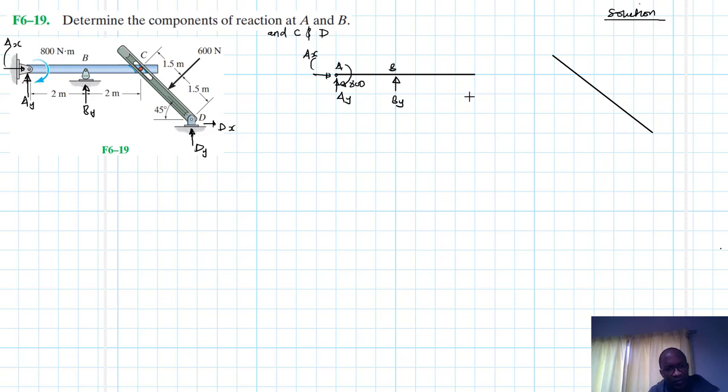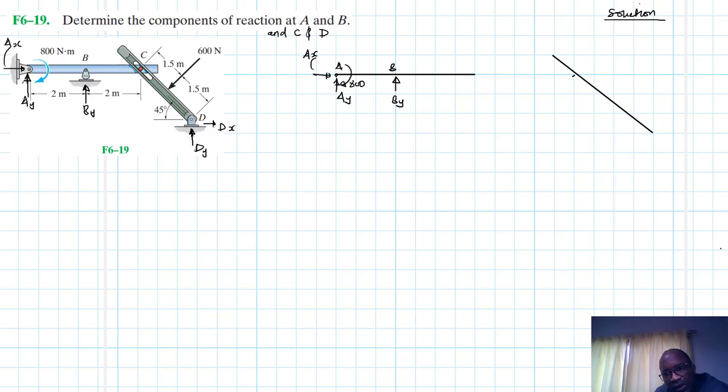And then here, when you look at this particular system, it's free to move in this direction. It can move here in this direction, in this slot. Therefore we only have the reaction force in this direction like this. So let's indicate that.